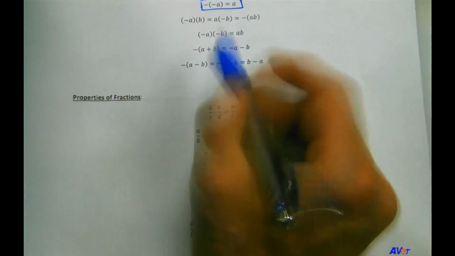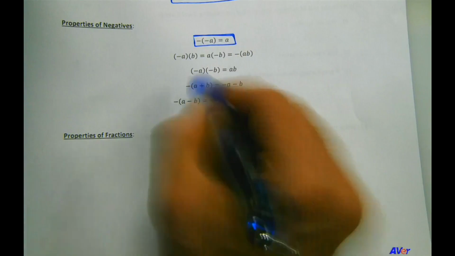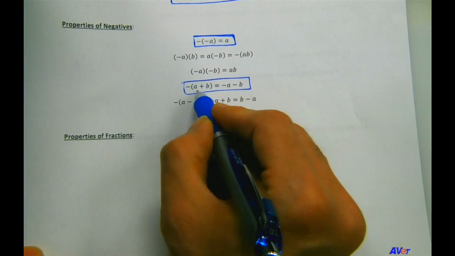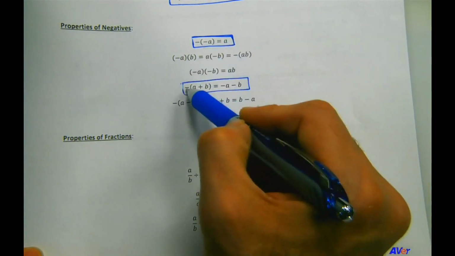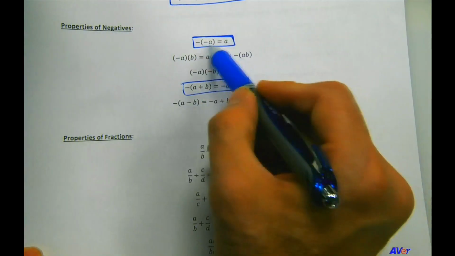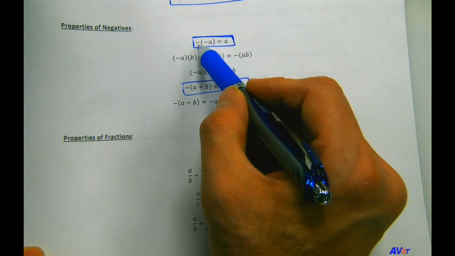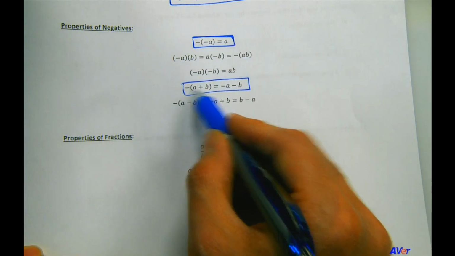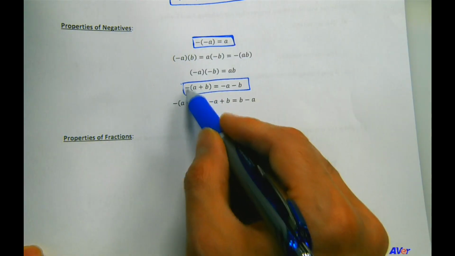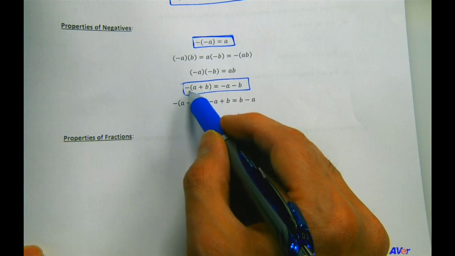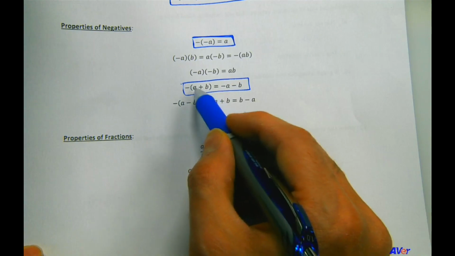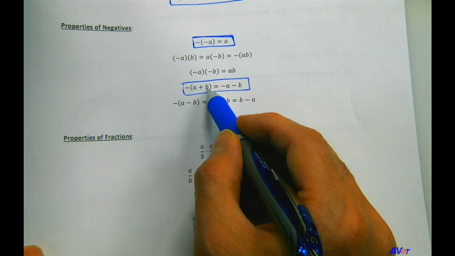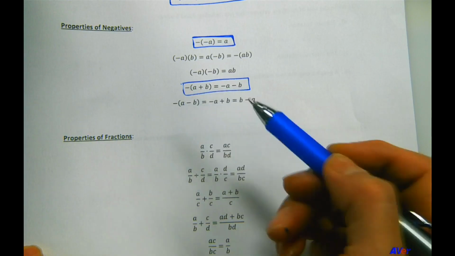So this property is again the distributive property, but this time it applies to two terms. That one was the minus multiplying itself by just one term, but this one, it's multiplying itself by two terms. So that minus represents -1, multiplying itself by a, and then multiplying itself again by b: minus a minus b.